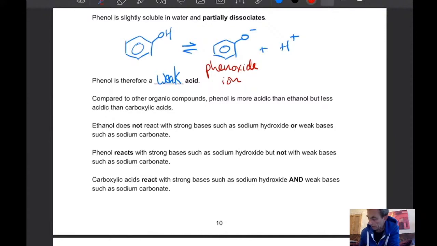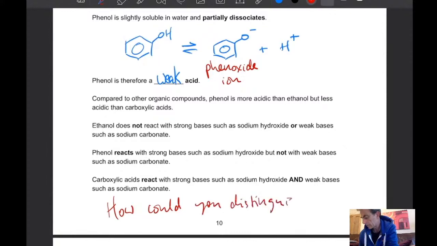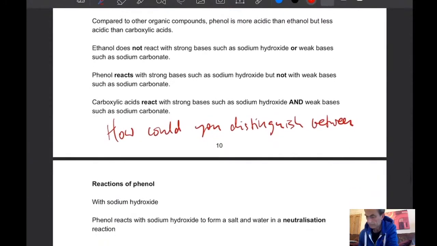So often, at that point in my lesson, I would say to my students, how could you distinguish between these three?